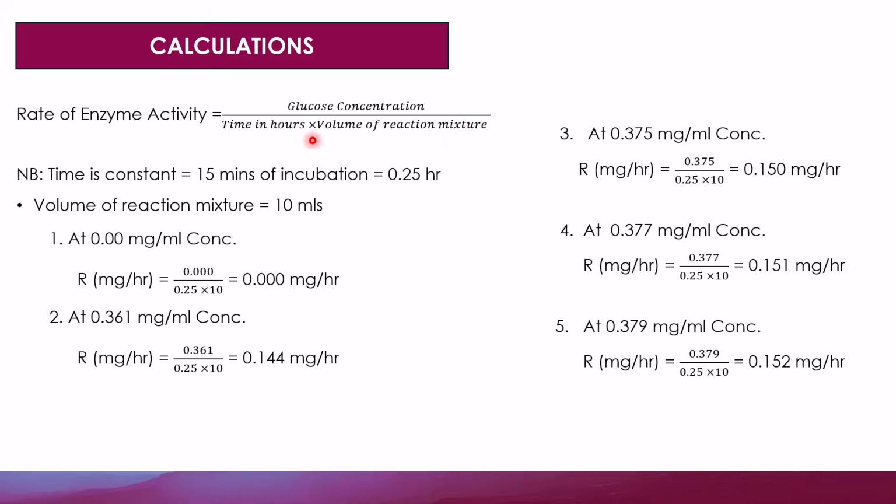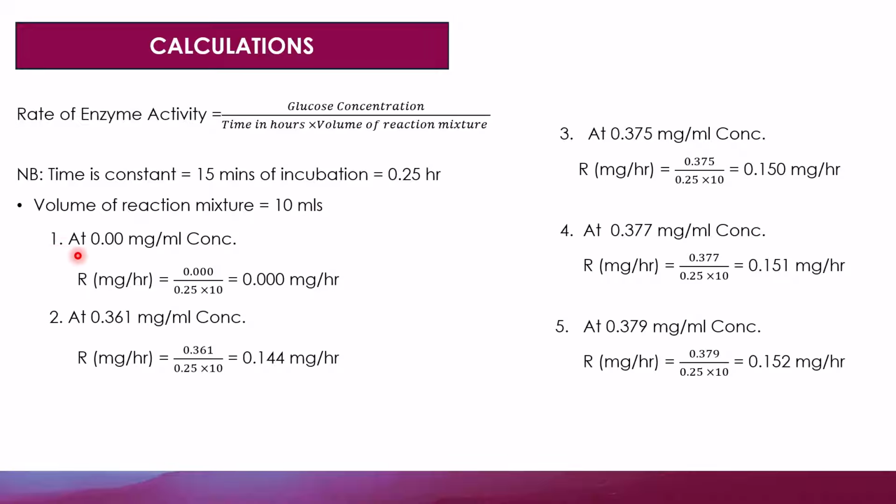What you also have to note is that our time is constant throughout, and that is the time of incubation, which is 15 minutes. So we convert this 15 minutes to hours because it says time in hours. So 15 minutes in hours is the same as 0.25 hours, and the volume of our reaction mixture is also constant throughout, which is 10 mils from the table.